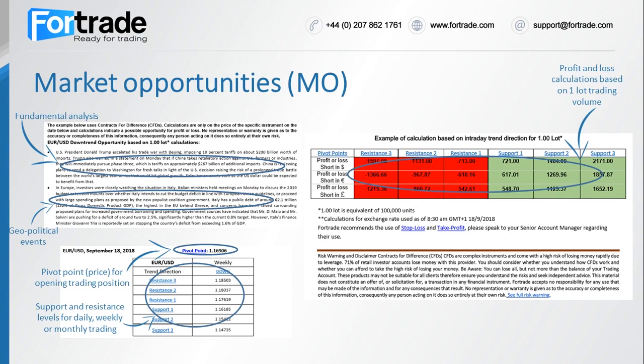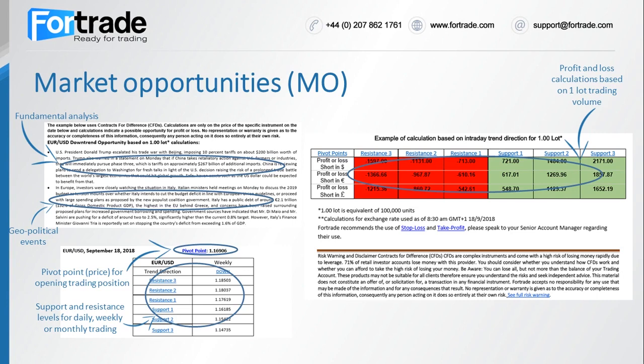Since our analysis suggests that the euro would decline in value against the dollar, at the top you can see some geopolitical events and fundamental analysis that can influence the euro-US dollar currency pair. For example, the part on the trade war, stating that the US dollar acts and benefits as a safe haven asset when trade war tensions increase, or the situation in Italy which has affected the euro.